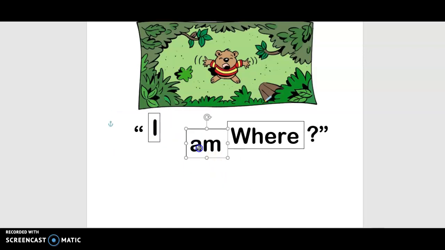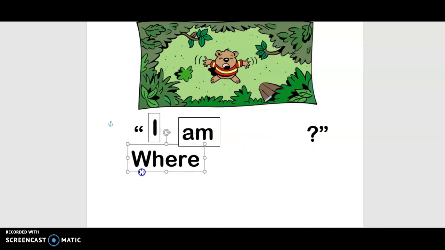I am where? No, that doesn't make sense. What do you think it could be? You know what I notice? I notice this capital uppercase W right here. Now, don't we always start our sentences with an uppercase letter? So maybe this is the first word. Where?